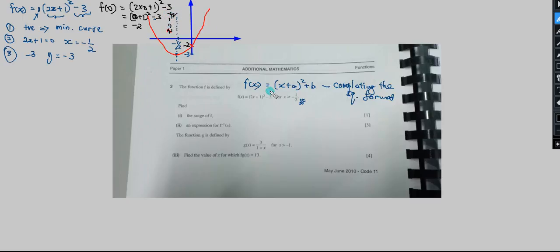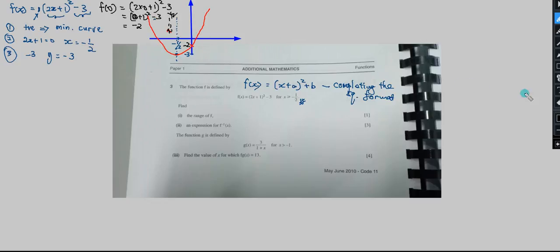Okay. Now, after you have sketched the function, it is time to answer the question. What is the range of the function? Based on this curve, the quadratic function here, what are its values?